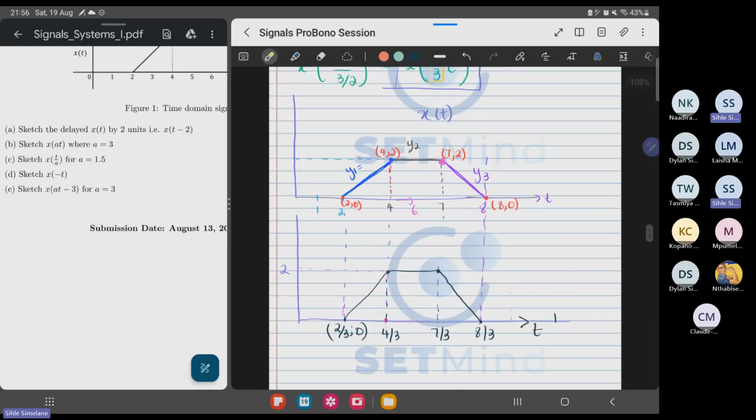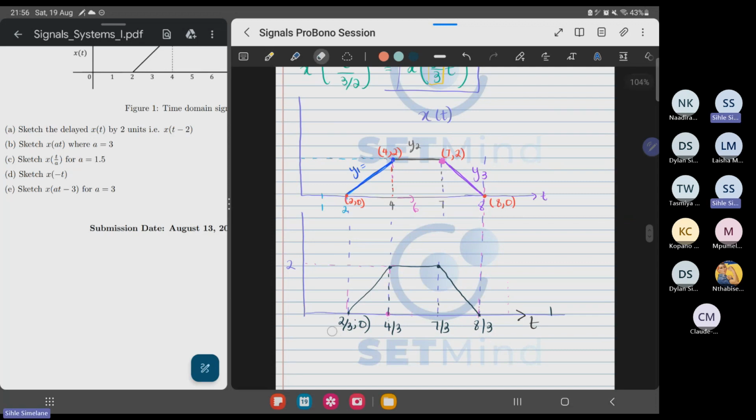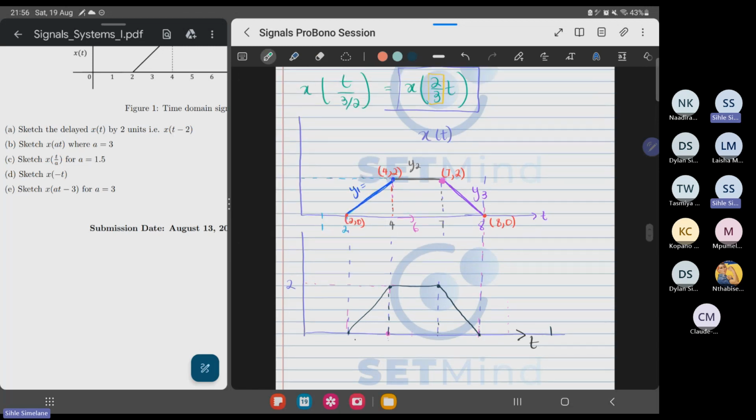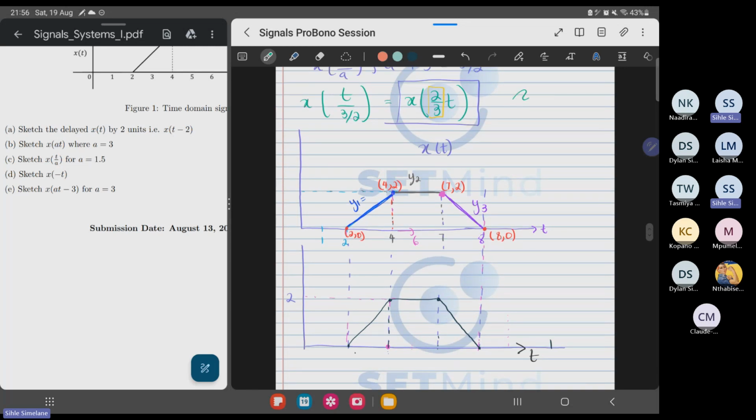So I'm going to have the same looking function. The only difference is I'll go on the axis and divide these values by 2/3. When you divide by 2/3, it is the same as multiplying by 3/2.